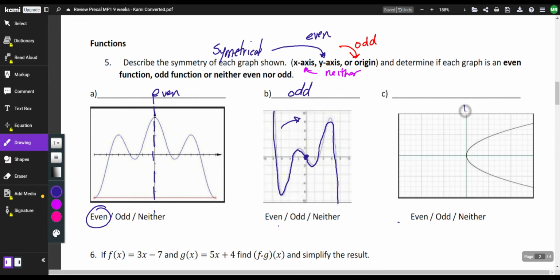Okay. This one is neither symmetric about the y or the origin, but it is symmetric about the x. So if we draw a dotted line here along the x-axis, we see that the top looks like the bottom, so it's going to be neither. Misspelled that, but it's okay.